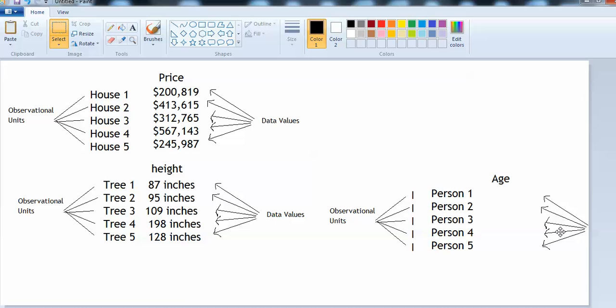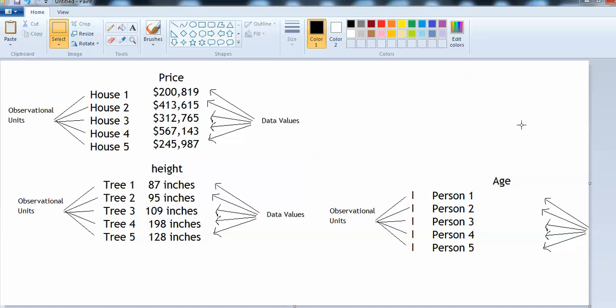The people are the observational units, person 1 through person 5. And maybe their ages are 25, 32, 47, 62, and 23.